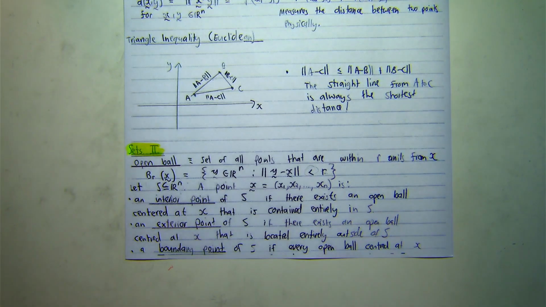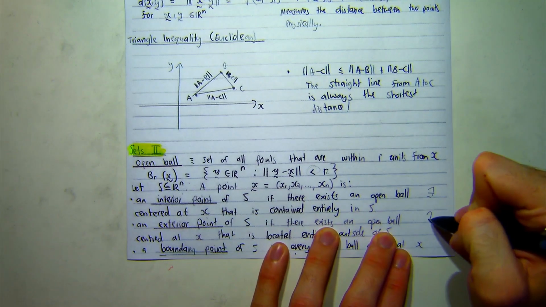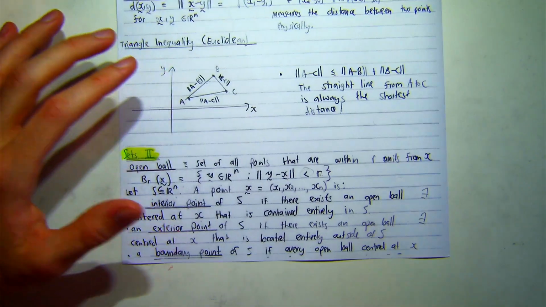A point is an exterior point of S if there exists an open ball centered at X that is located entirely outside of S. So these two are very similar, but for an exterior point, you can find an open ball where every point inside that open ball is outside of S. And then a point is a boundary point of S if every open ball centered at X contains at least one point in S and one point outside of S. So a boundary point definition is a bit different to interior and exterior because they are existence definitions: there exists an open ball with such and such a property.